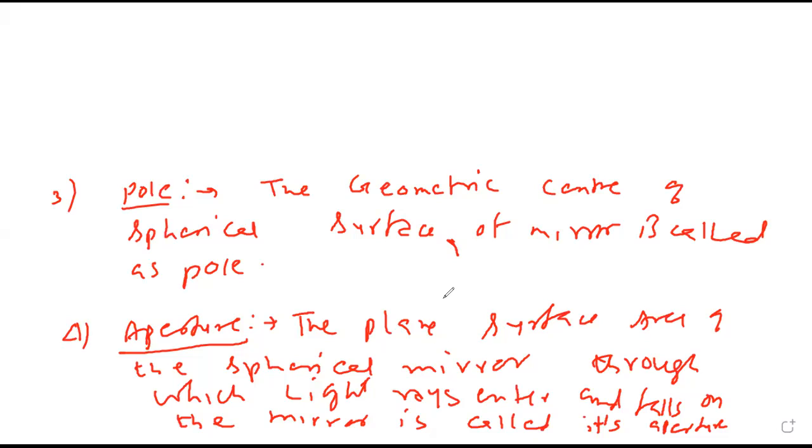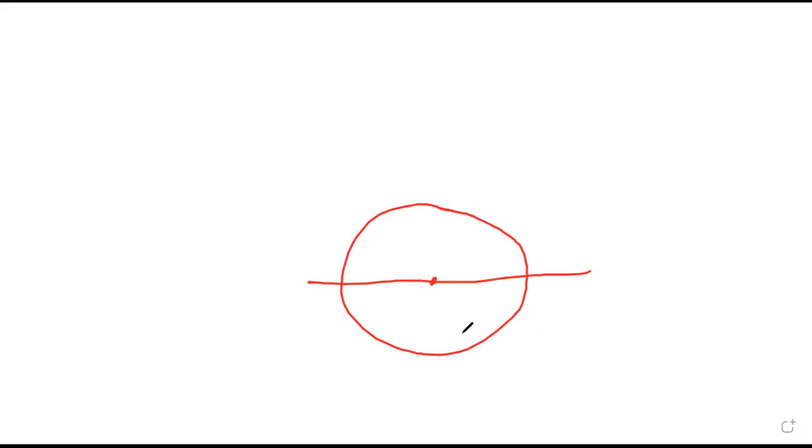Sir, done. I'm just drawing the diagram. You tell me what is the diameter of the aperture. This is a sphere passing through center O. Here I cut one part for the mirror, AB.